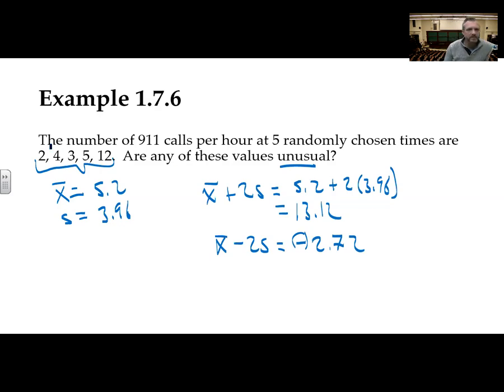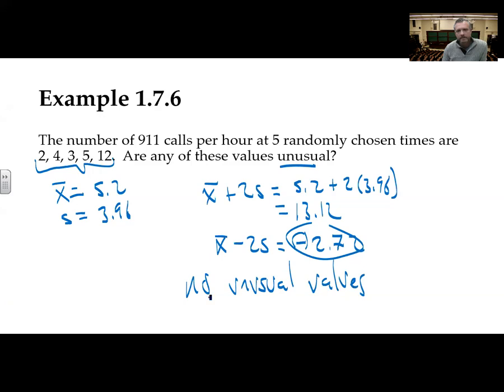So would any of these be unusual? No, right? We don't have any above 13.12, and obviously the low end doesn't have a lot of physical meaning. So yeah, no unusual values.